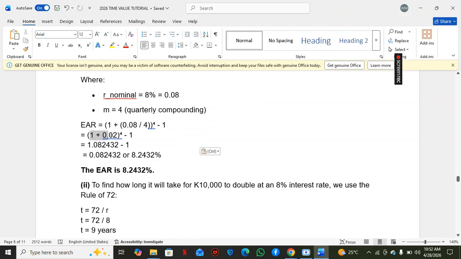And you do 1 plus 0.02 to the power 4, you get 1.082432. Subtract 1 from that, you get 0.0824.